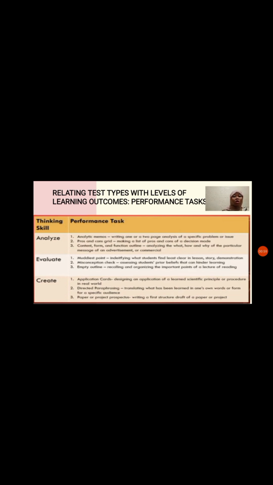Second, pros and cons grid, making a list of pros and cons of a decision made. Sorry, my mistake. It's decision made, not mood. Third, content, form, and function outline. You may ask them to analyze the what, how, and why of the particular message of an advertisement or commercial.